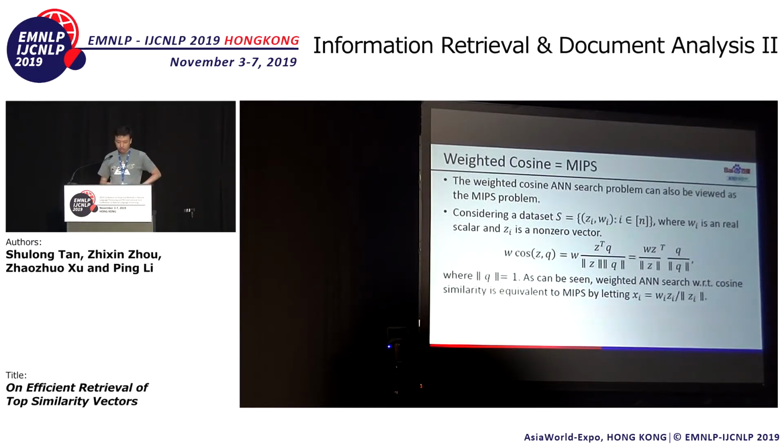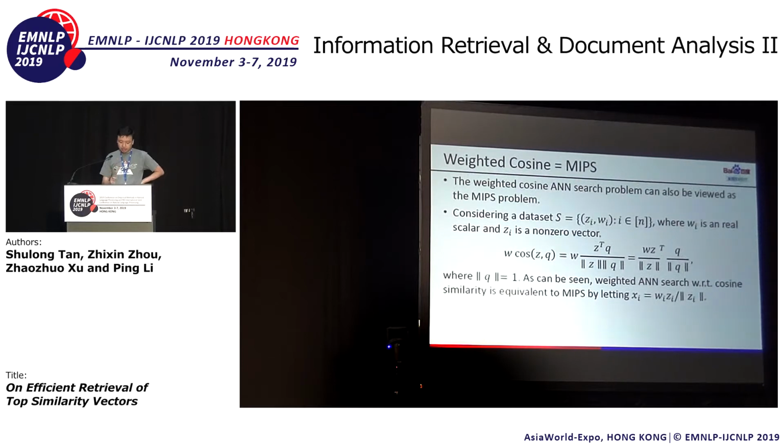It is worth noting that this MIPS problem is equivalent to the weighted cosine problem. This is very critical in natural language processing. You can think of there being a weight, say the popularity of a word that people use in their papers or would like to see. So you don't want to return a very rare word when they search for a synonym.